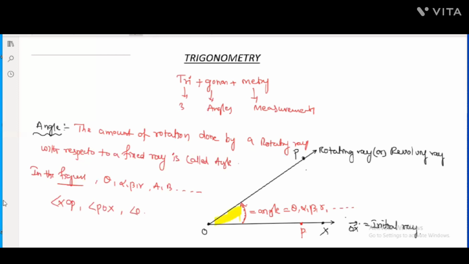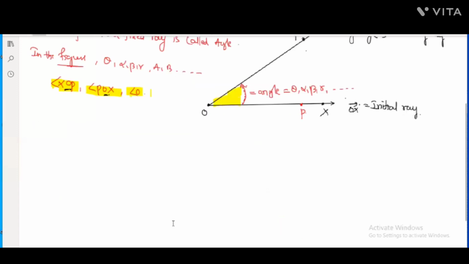So that vertex should come in the middle when you're naming it like this. It indicates that at this point the vertex is formed and the angle is formed. This is how we define the angle in trigonometry.